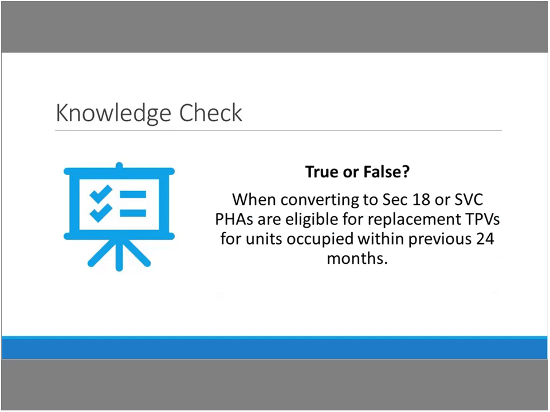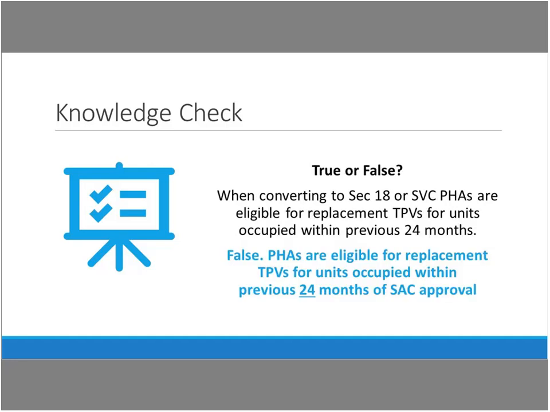True or false? When converting to Section 18 or streamlined voluntary conversion, housing authorities are eligible for replacement tenant protection vouchers for units occupied within the previous 24 months. So the slide here says false.